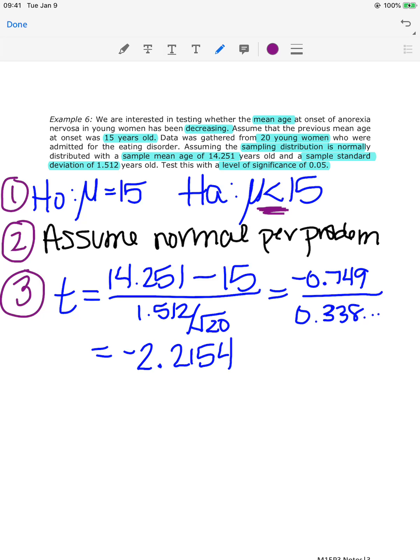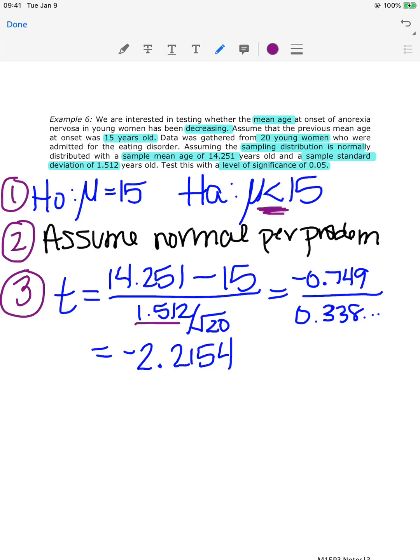But we can't use normal CDF because we're using the t-distribution, not the normal bell curve. So even though we're assuming a normal, we have to take into consideration that we used 1.512 in that t-score equation, and that is not the population standard deviation.